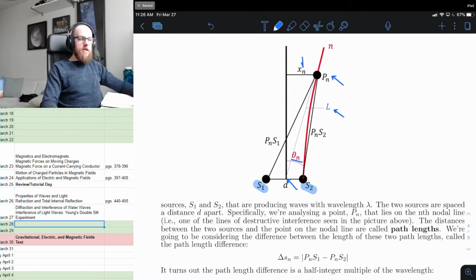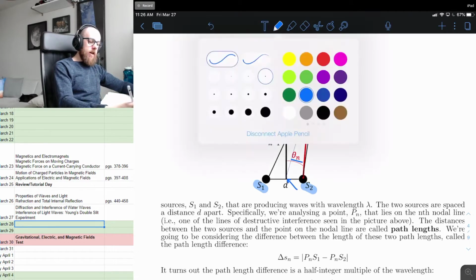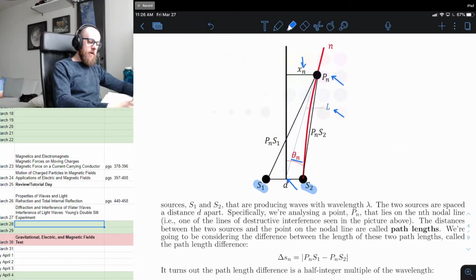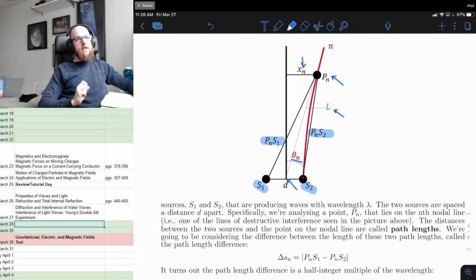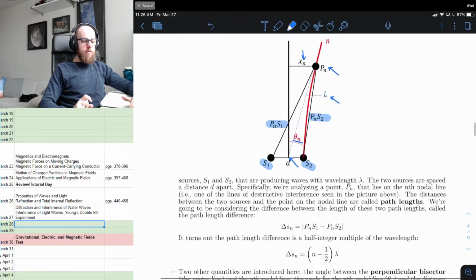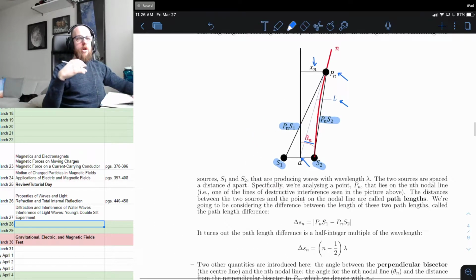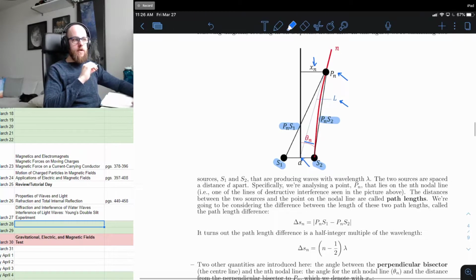XN represents the distance from the point to the perpendicular bisector. And then the last two values here, I know this is a lot of info, PN S1 and PN S2, are called path lengths. Path lengths measure the distance from the source to the point on the nodal line that we're interested in.